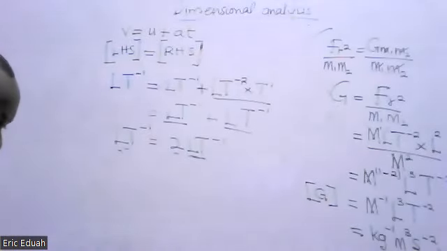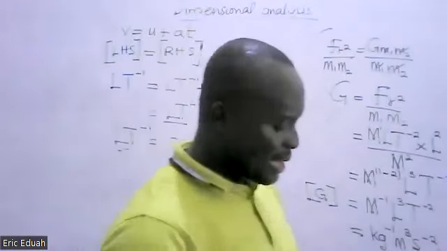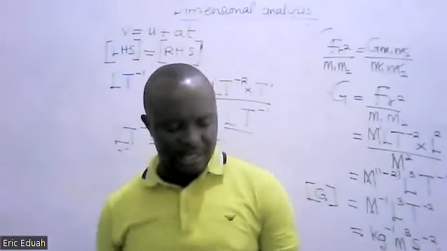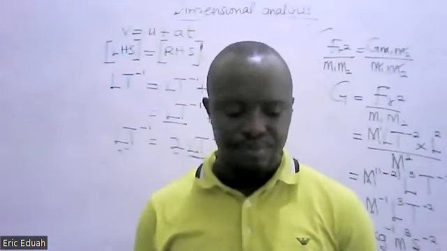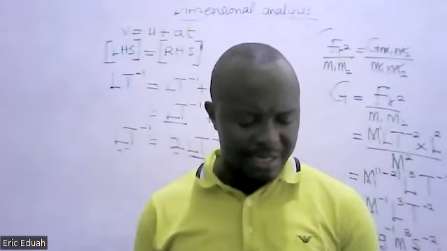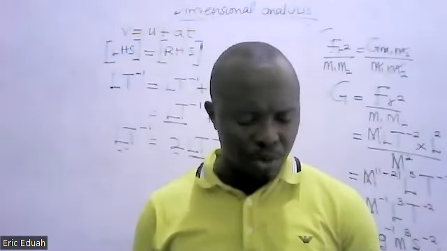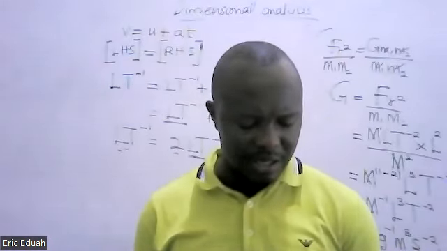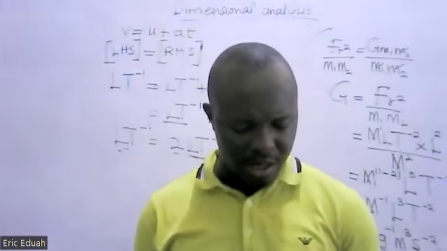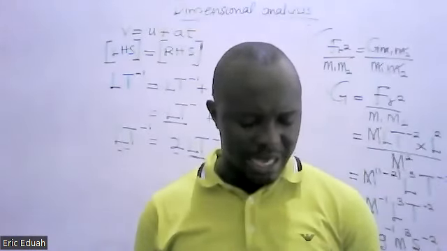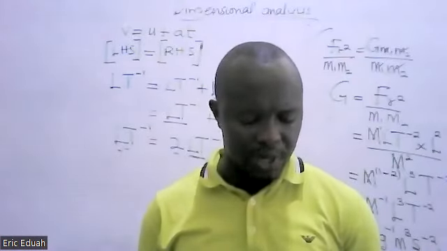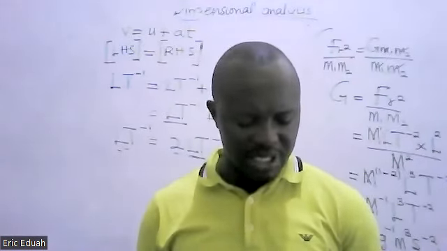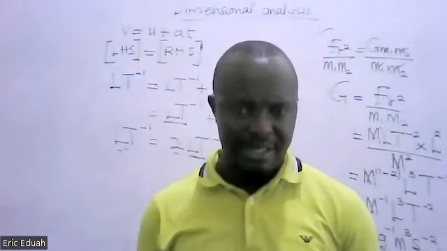Then let's look at the question given, and we are answering the first one. A car travels a distance y in time t. If the car starts from rest and moves with a constant acceleration a, show that the expression y is equal to a t squared all over 2 is dimensionally correct.